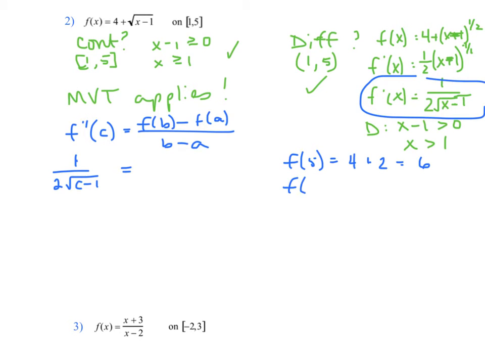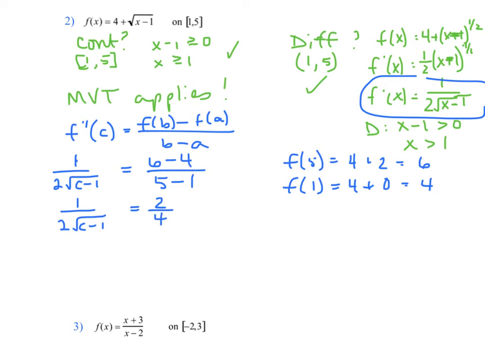And f of 1 would be 4 plus the square root of 0, so 4. So that's 6 minus 4 over 5 minus 1. So I have 1 over 2 square root of c minus 1 equal to 2 over 4, or 1/2.